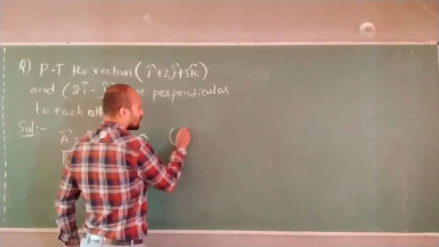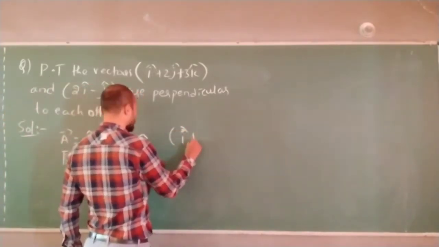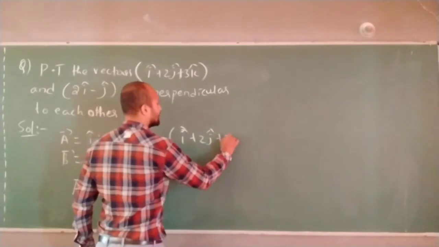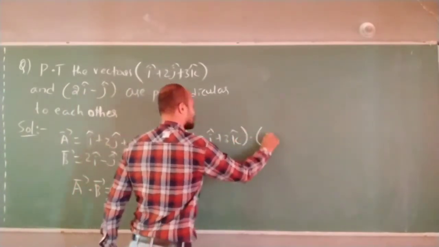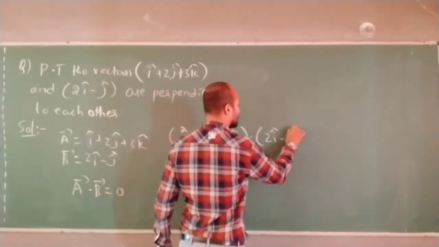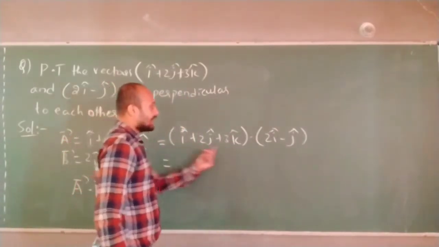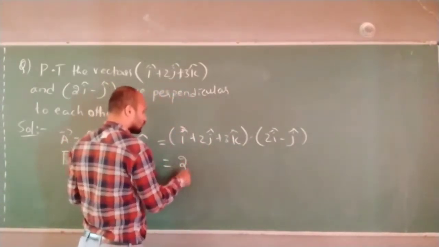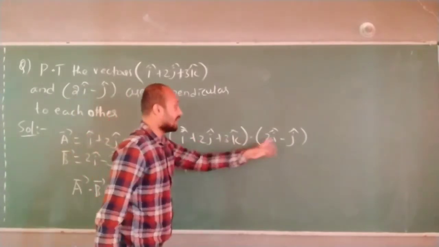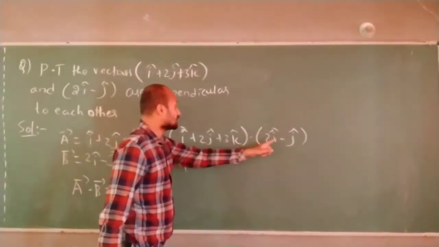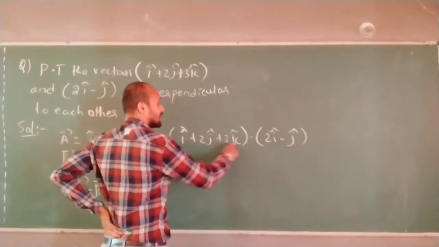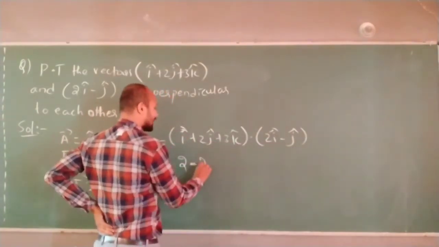So this will become i cap plus 2j cap plus 3k cap dot 2i cap minus j cap. So this will be equal to what? i dot i is 1, so it is 2. i dot j is 0. 2j dot minus j, so 2 minus 2.